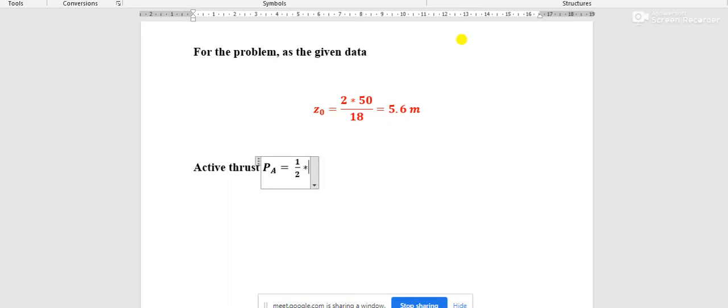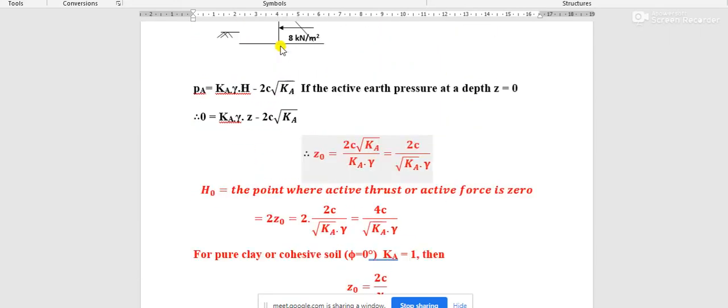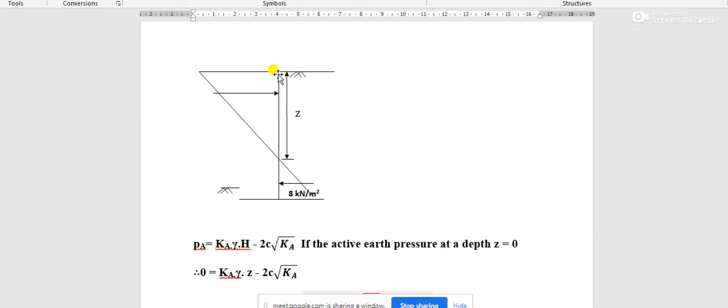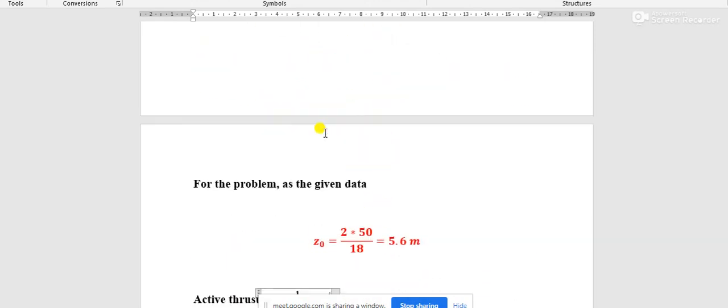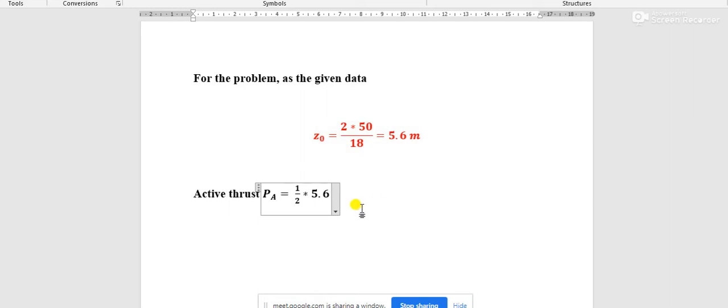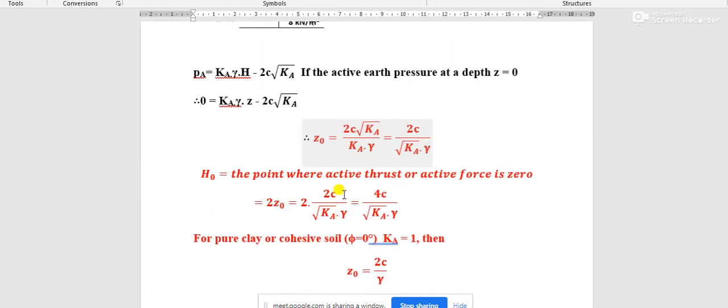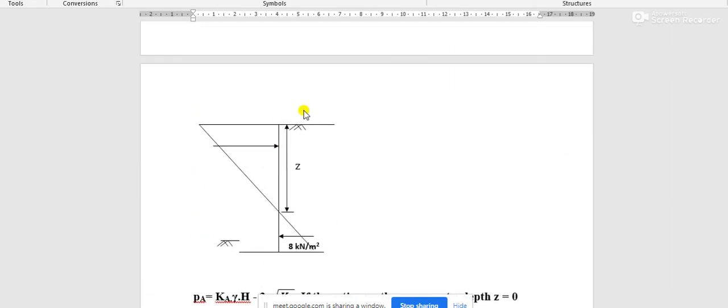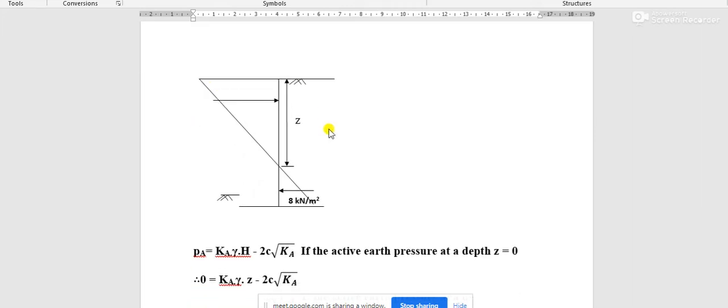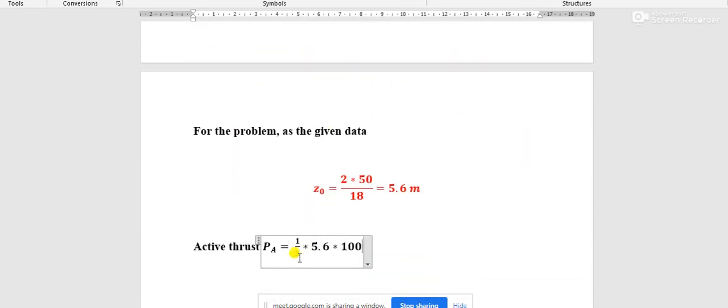For this case, half of 5.6, that is the height of this triangle, the value of Z, multiplied by the base of the triangle, 100. The total area is negative.